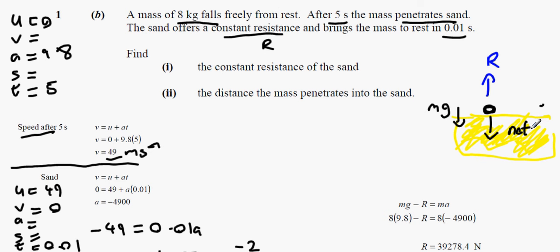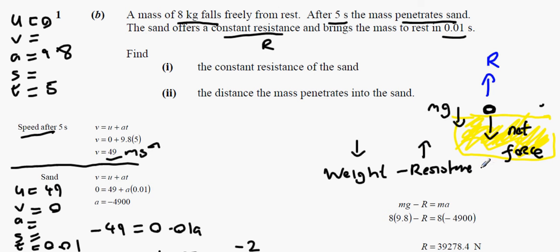So the formula we get is the weight acting downwards minus the resistance, which is acting upwards, equals the net force. The weight is mass times gravity, the resistance is R, and the net force is mass times acceleration, m times a.